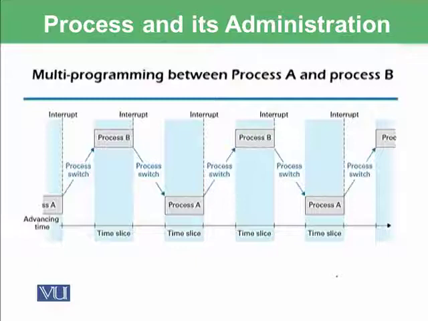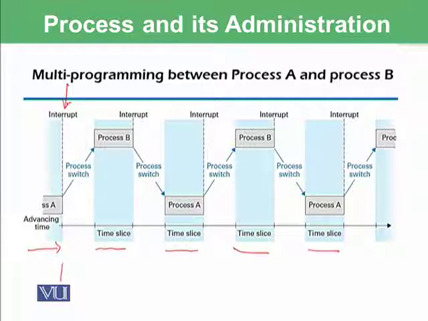This is basically a pictorial diagram for multi-programming between process A and process B. These are the time slices for which these processes are executing. First of all, process A is executing, and the time circuit is activated. When the time circuit reaches the time slice, for example 10 milliseconds, it gives an interrupt.